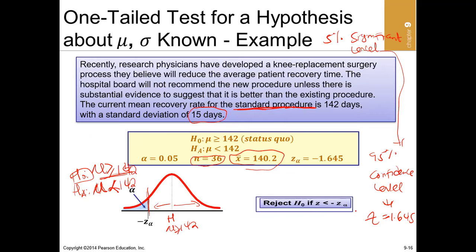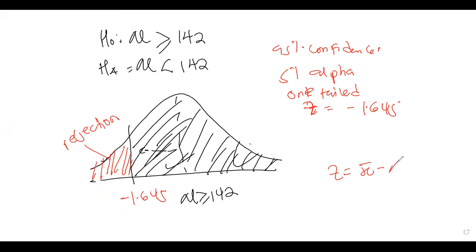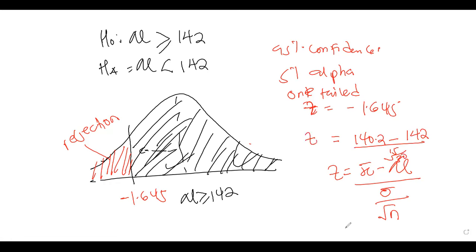So the Z value, remember, is equal to sample mean minus population mean over standard error. Now, the number of days we found in our research process was 140.2, minus the population mean of 142, divided by population standard deviation of 15 over the square root of the sample size.